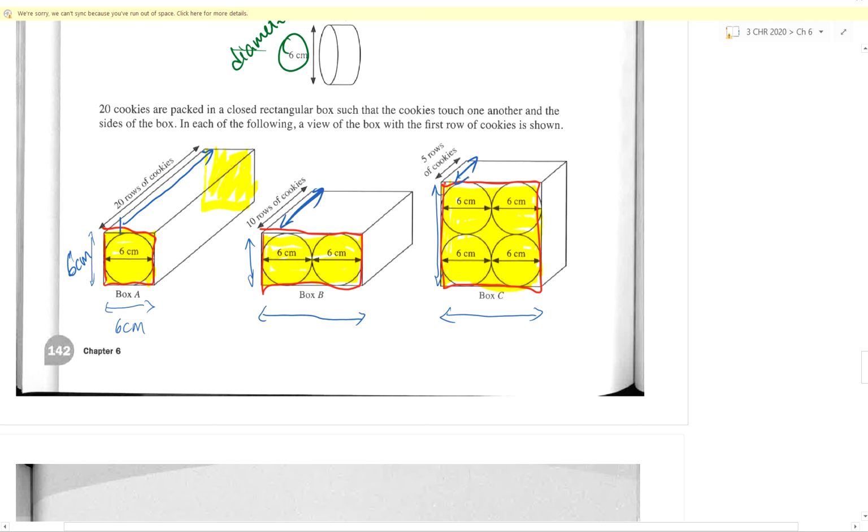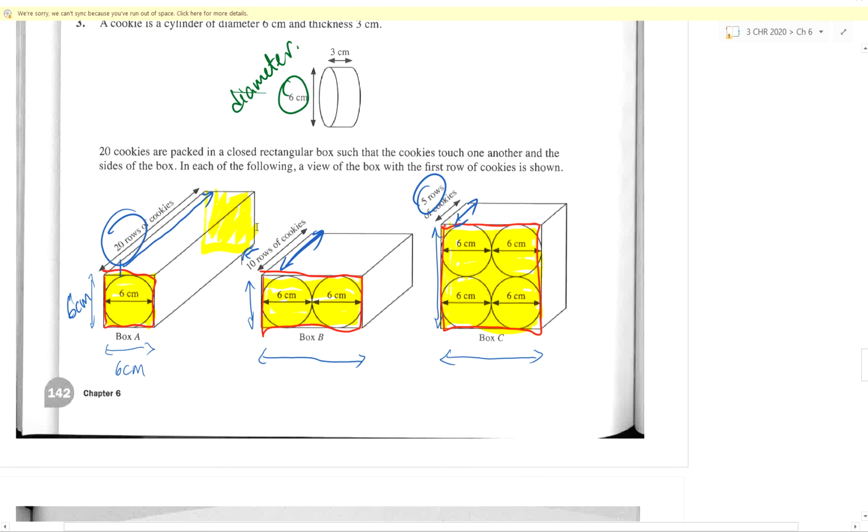And they gave you another clue. They tell you that we've got 20 cookies, 10 cookies, and 5 cookies respectively. And then we know the thickness of each cookie. So I think you can find out and calculate for yourself what the actual thickness is for each of these containers. Find out the area, find out the cost, and make a decision. Okay, this is your homework for today.